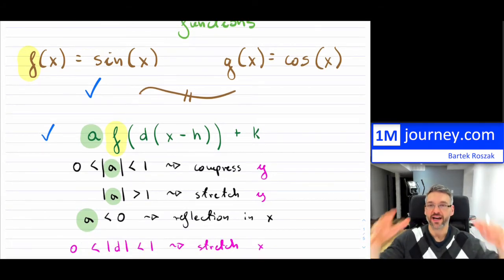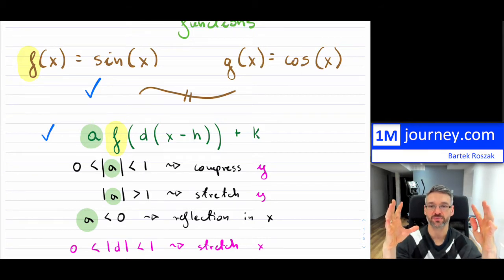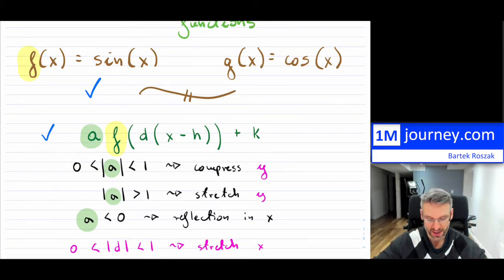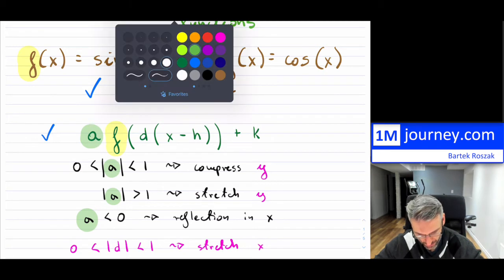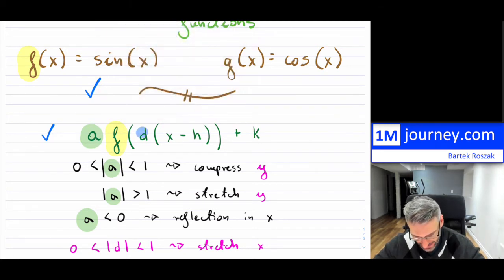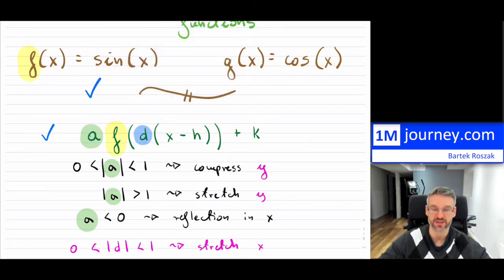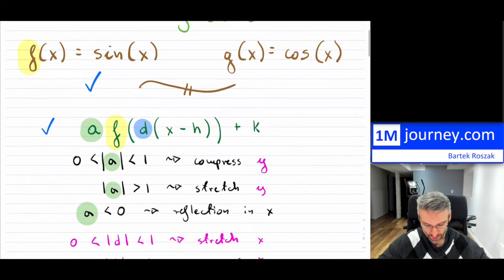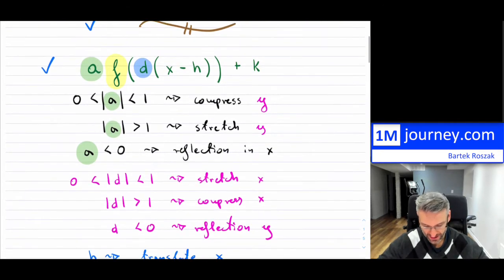Now, inside, if we have sine of x, but now instead of having sine of x, we have some particular d, which is in front of this x minus h. So again, it's some kind of a scaling. And what we've noticed is if we plug this in, then d, whenever it is less than 1, actually causes the opposite of what happens in the y.